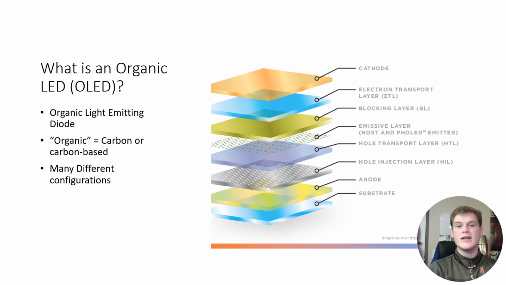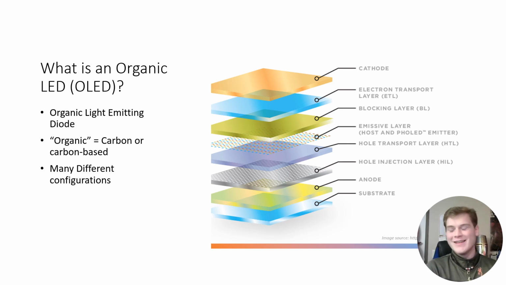So, what is an organic LED for starters? Organic LEDs are called organic light emitting diodes. And as the name implies, you run electricity through them and they emit light. The reason they are organic is because we have carbon involved. Now, there's not just going to be a flat out sheet of carbon within the organic LED because that would be way too easy.